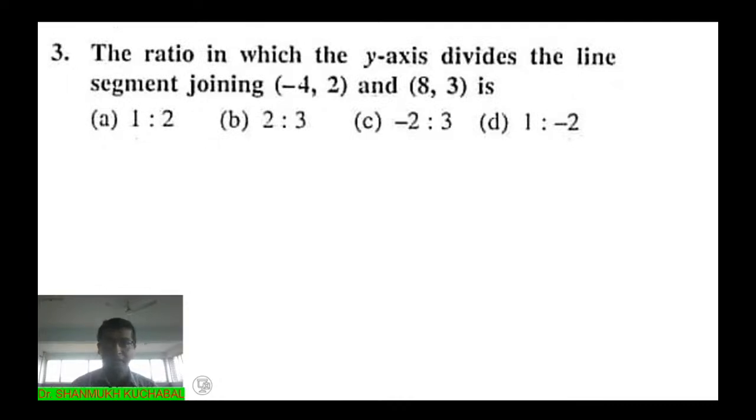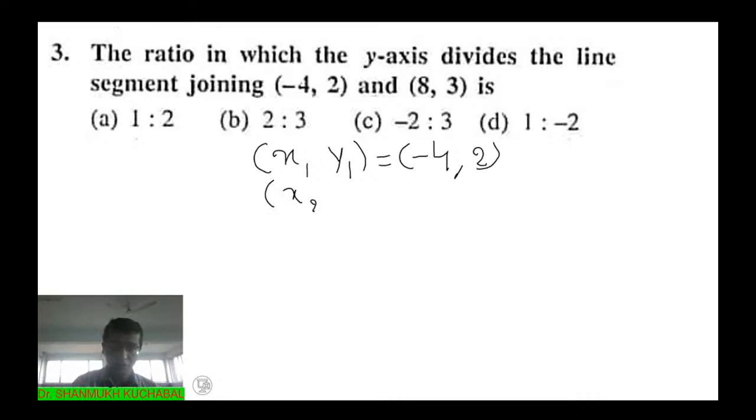The ratio in which the y-axis divides the line segment joining (-4, 2) and (8, 3) is. Here once again we'll define a ratio. Since it is the y-axis, first we'll take x1, y1 equal to (-4, 2) and x2, y2 is (8, 3).